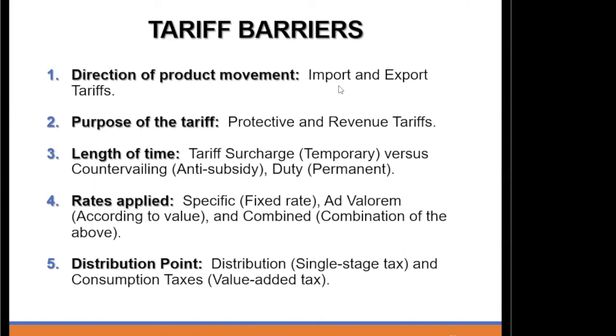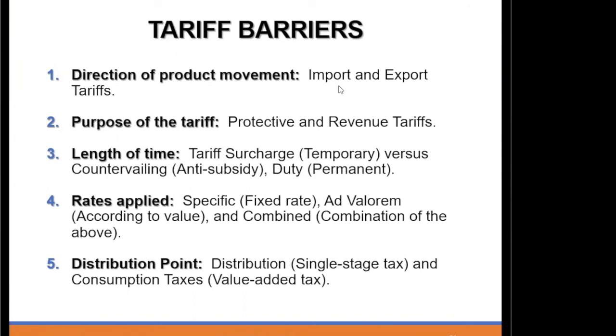Then we can also talk of length of time. Some tariffs are basically surcharges and they are simply temporary, while others are countervailing tariffs that are against subsidies. So anti-subsidy tariffs are those imposed on goods imported from countries where there are subsidies on the production and manufacture of those goods.